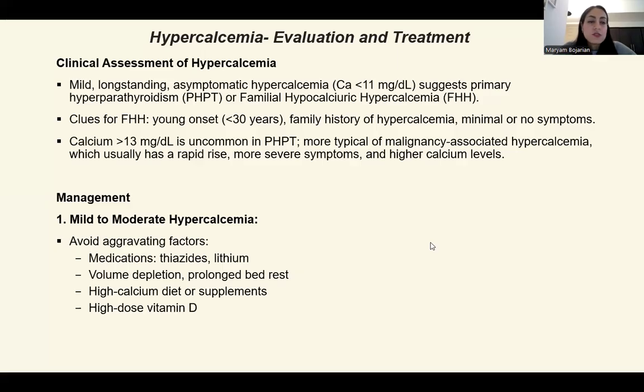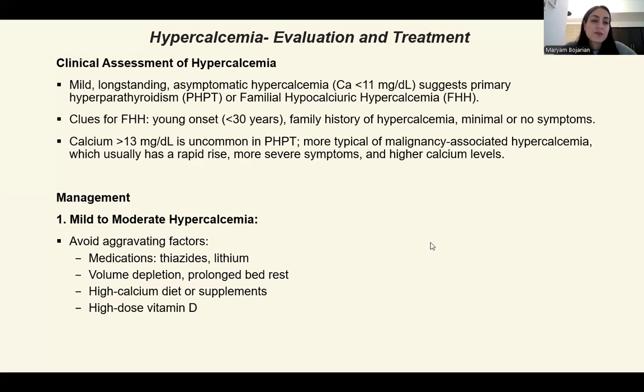In terms of management, for mild to moderate hypercalcemia, avoid aggravating factors. For example, if your patient is on a thiazide diuretic or lithium, stop those medications. Make sure your patient gets enough volume, avoid volume depletion, and avoid prolonged bed rest.